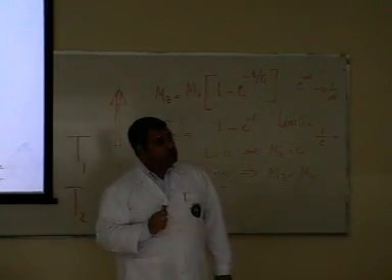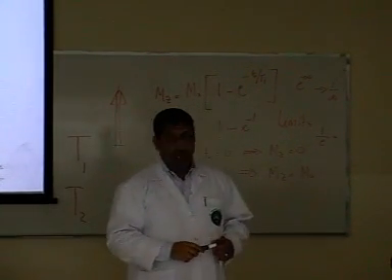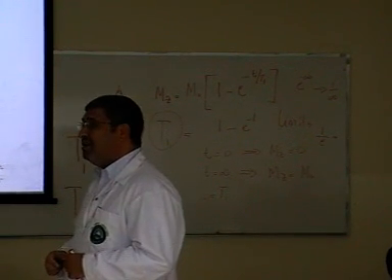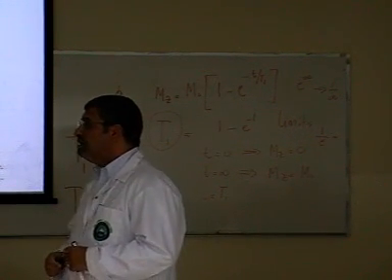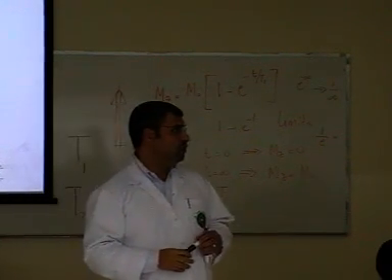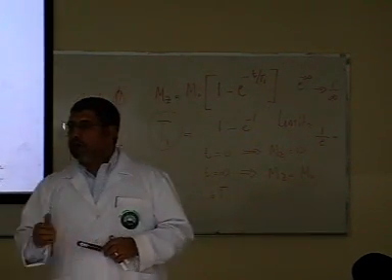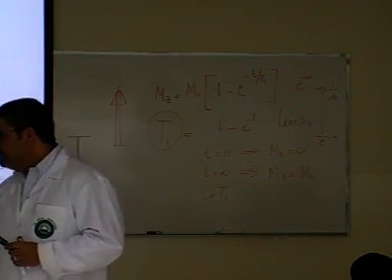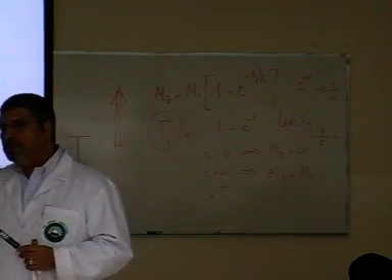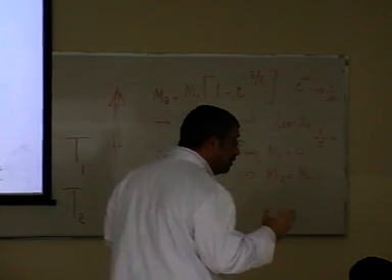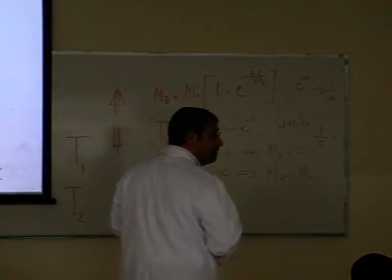Can somebody use this equation to tell us what the definition of T1 is? What's the significance of T1? What does T1 tell us? It's a time, right? So it must be the time taken for the signal to... not the saturation, no?